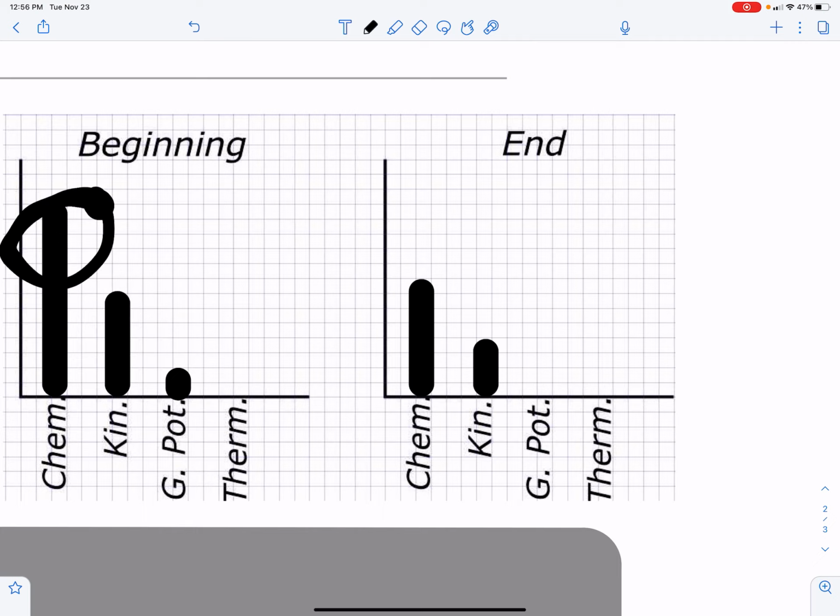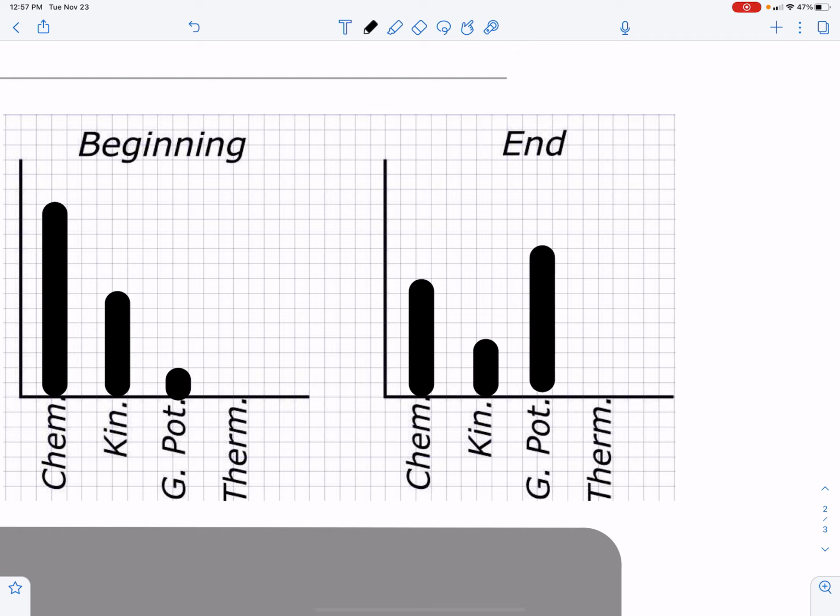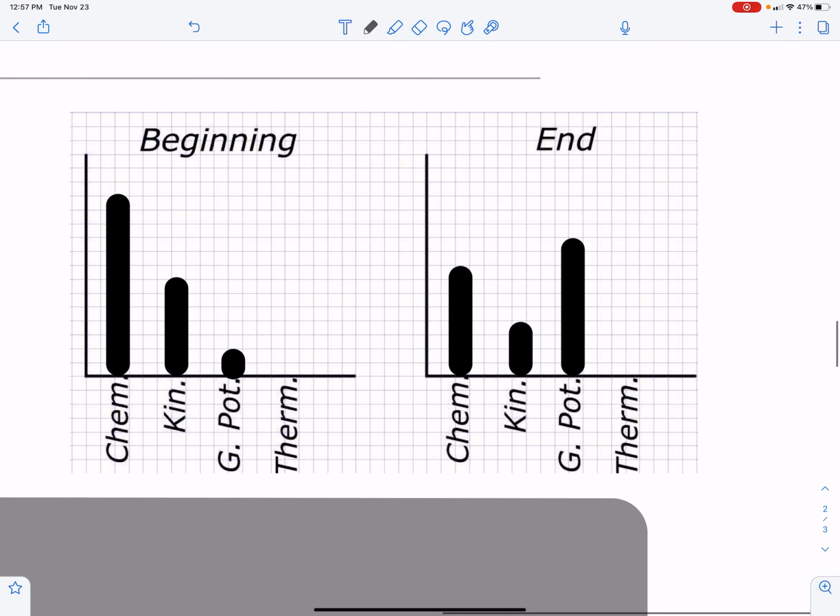Yeah. Okay, so again, what happened? The chemical energy, while pressing the gas pedal, and the kinetic energy that you have both contributed to an increase of 8 units of gravitational potential energy.